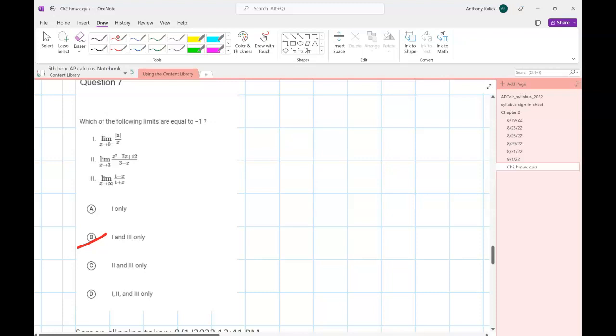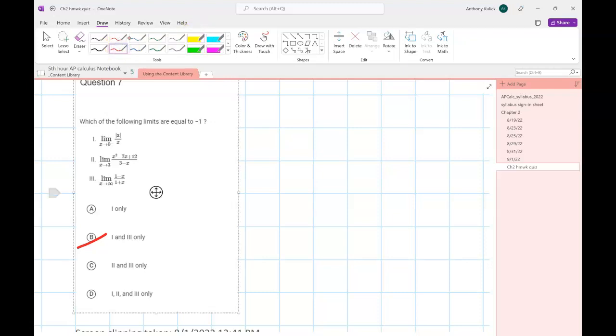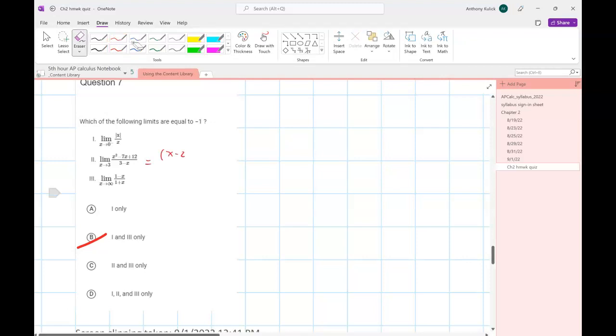The next one says, which of the following limits are equal to -1? So this one, again, here I would probably, this piece screams, please factor me and reduce.